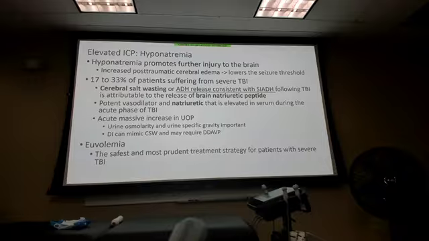Basically, we just want the sodium to be normal or elevated. But one of the things with TBIs is they'll be normal, and then all of a sudden their first symptom is they will start putting out liters of urine over a couple hours. They will have a massive increase in their urine output.